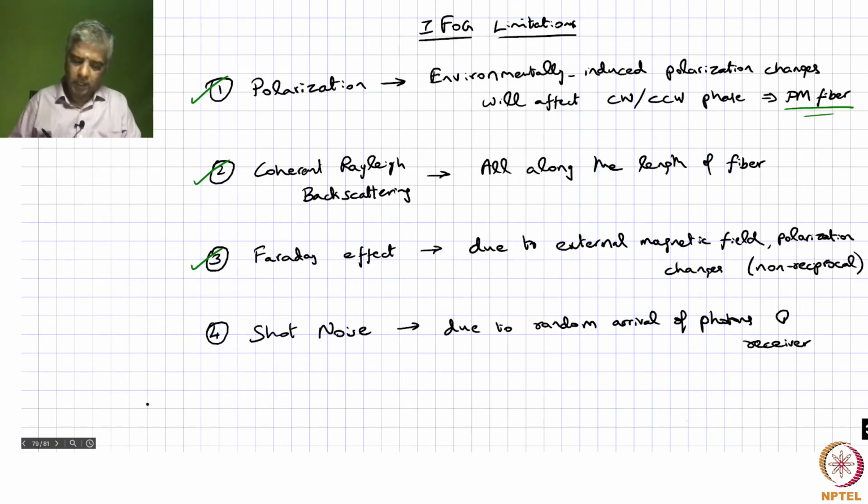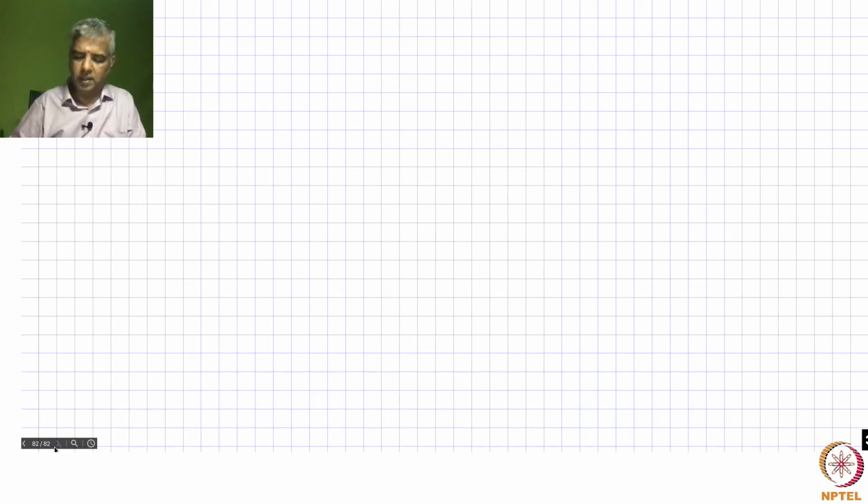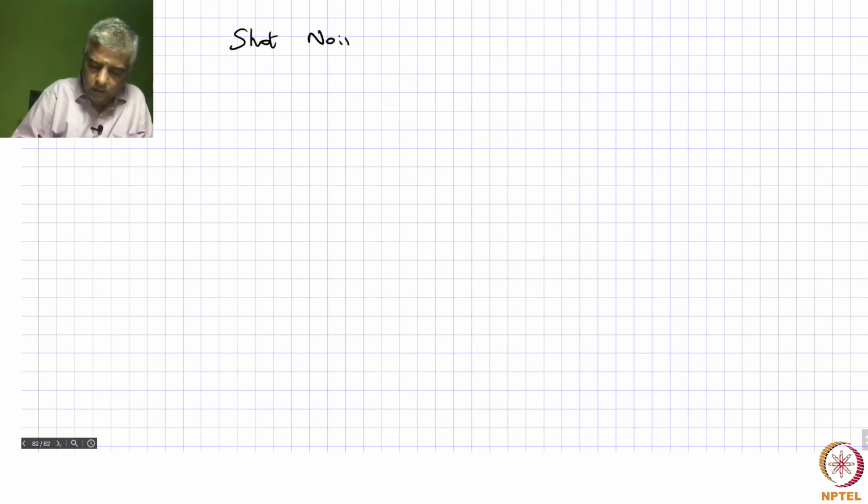Now let's go back and see this last one, which is shot noise. Okay, so let's see how shot noise can affect. So we are looking at shot noise limitation.